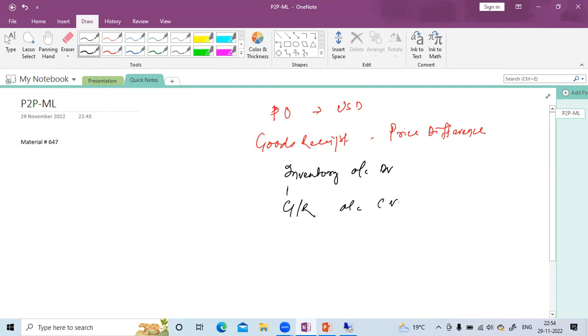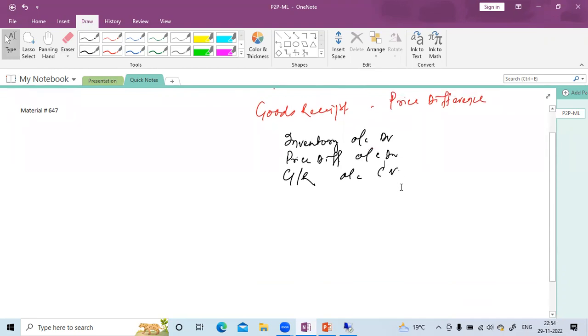And here we are going to have the price difference. For your reference, I am using the material master with standard price, so that's why the price difference we are going to capture separately.